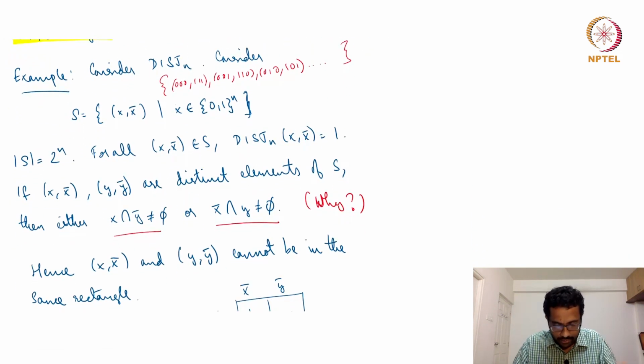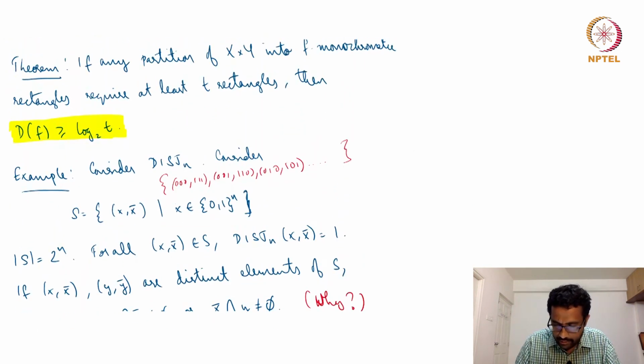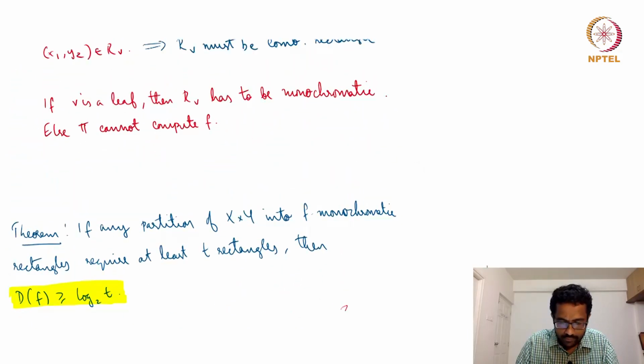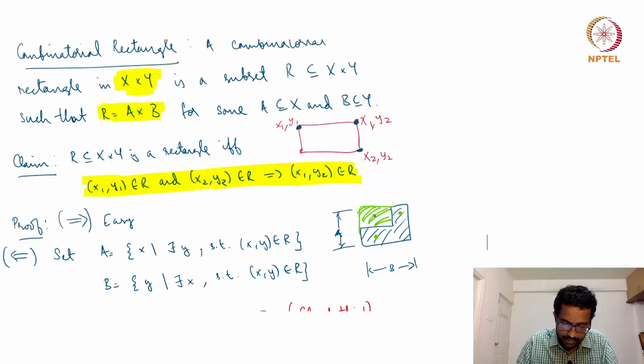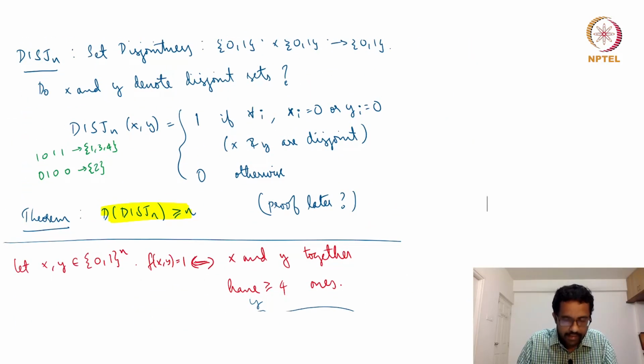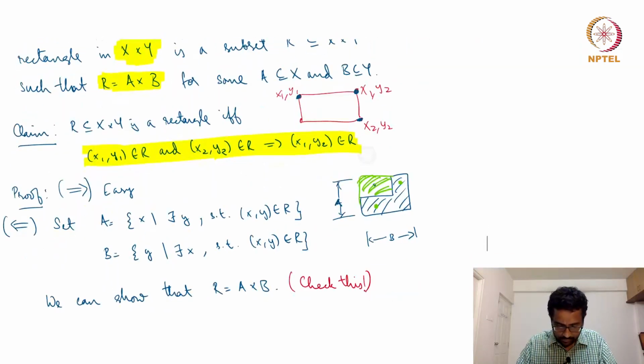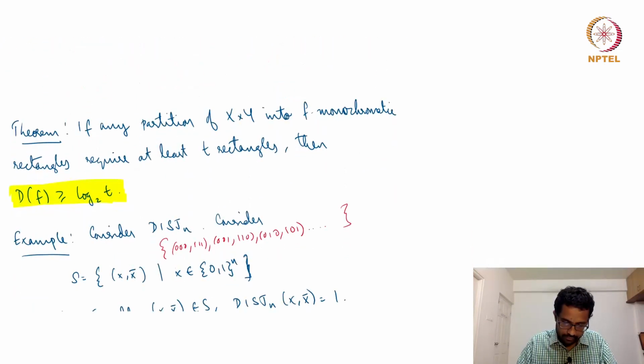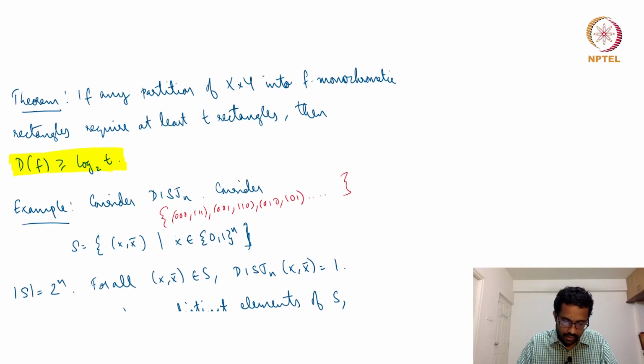So just to give an example, consider disjointness, that we mentioned earlier. Disjointness is a function that indicates whether the two sets are disjoint or not. Now consider this set, maybe I'll just write it clearly.